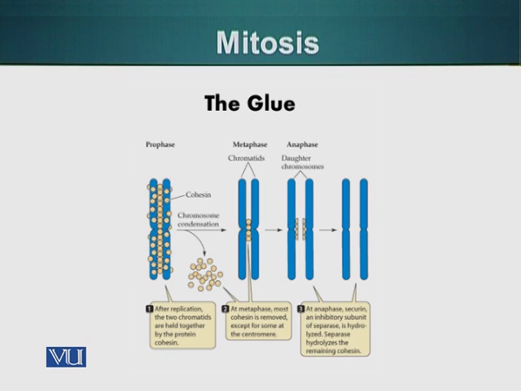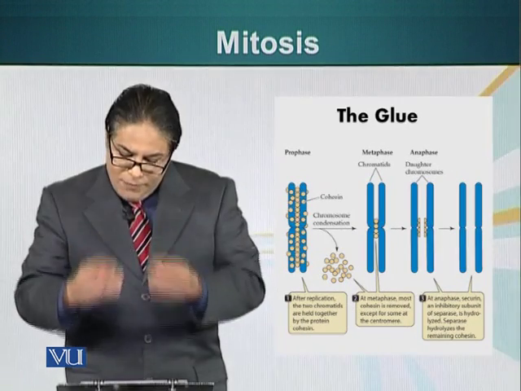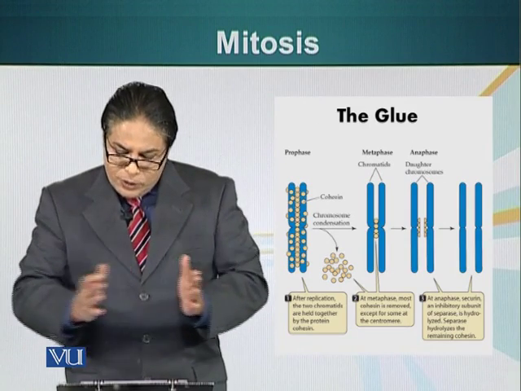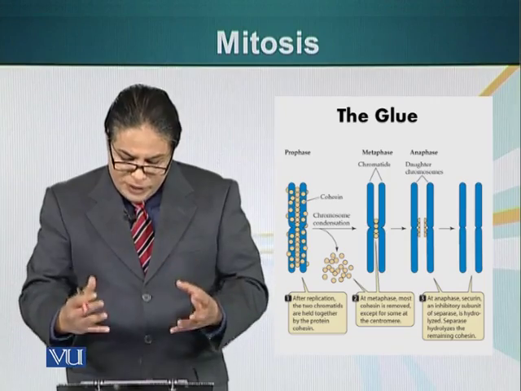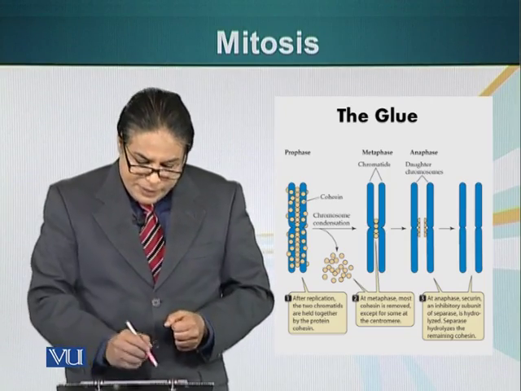At anaphase, even the cohesin molecules which are present at the centromere region or the kinetochore region are also degraded, resulting in separation of the two daughter chromatids. This event leads to the separation of the chromatids and allows the formation of two nuclei, which happens in the telophase.